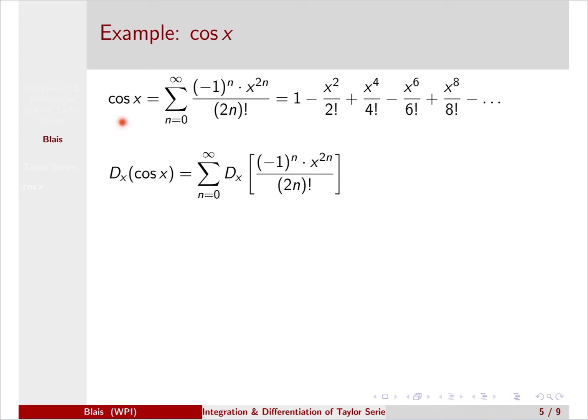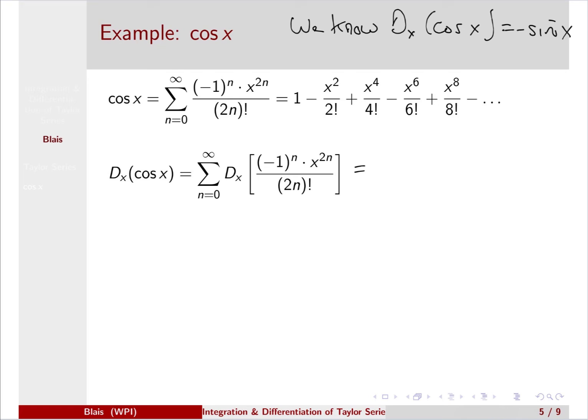And we, of course, know that the derivative of cosine of x is minus sine of x. But let's check that. So we know from our power series differentiation theorem that we can take the derivative of both sides of this expression, and the derivative of the power series can be done term by term.